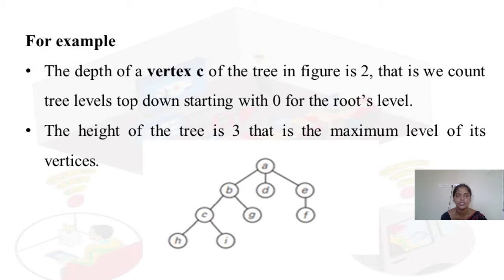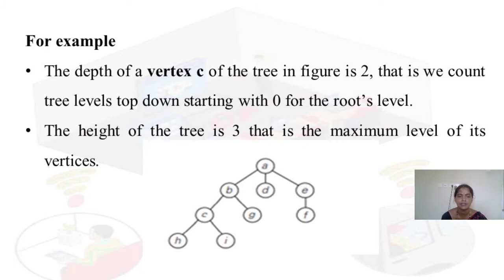What is the height of the tree? The longest path from the root to a leaf. The leaves of this tree are H, I, G and F. The longest is the H and I path. So the height of the tree is 3, that is the maximum level of its vertices.